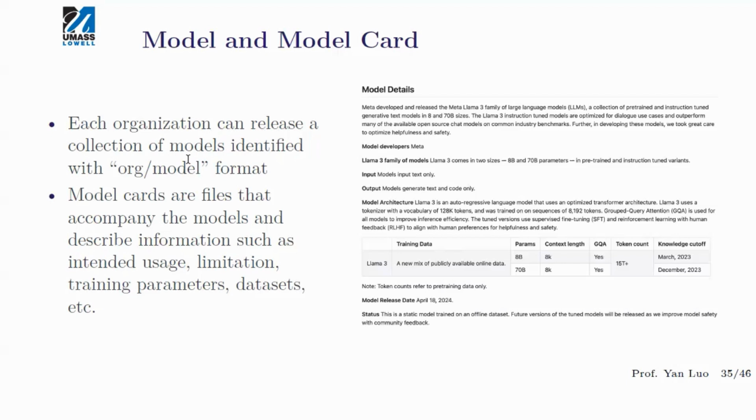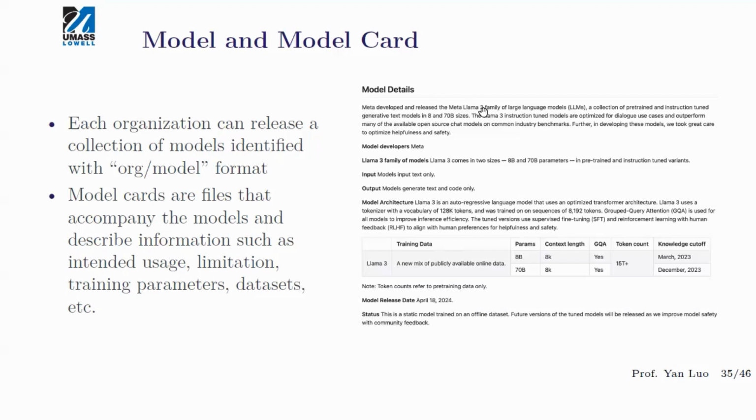Each model has a model card file that describes the information of the model, such as intended usage, limitations, training parameters, datasets, etc. So, for example, this is one about Llama 3, which is from Meta.